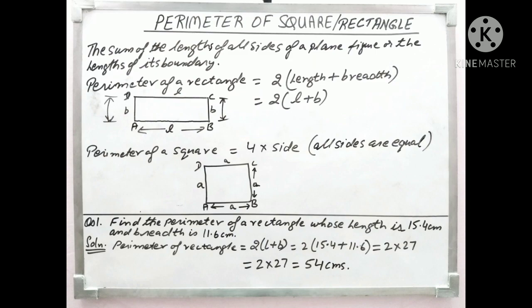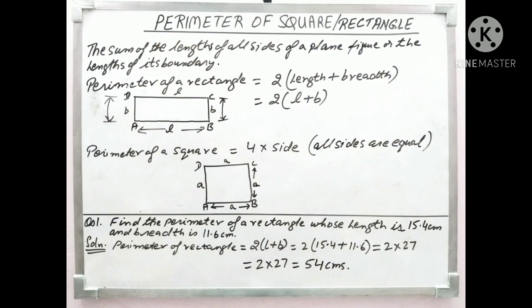See the first question. Find the perimeter of a rectangle whose length is 15.4 centimeters and breadth is 11.6 centimeters. Length of the rectangle is equal to 15.4 centimeters.